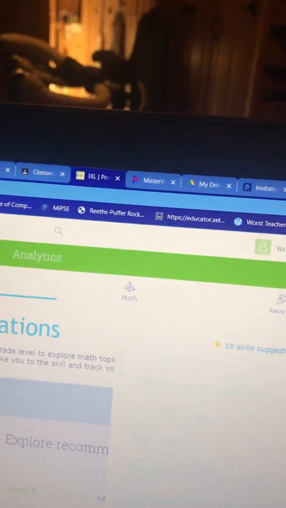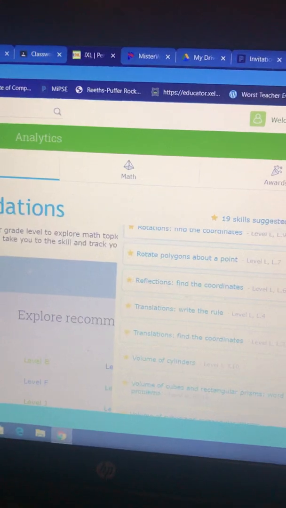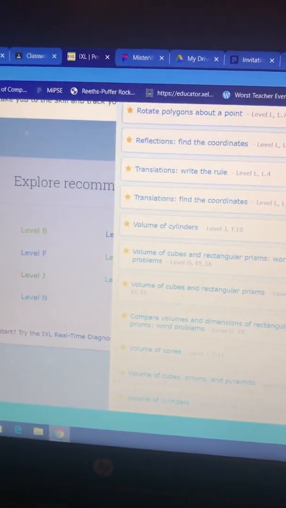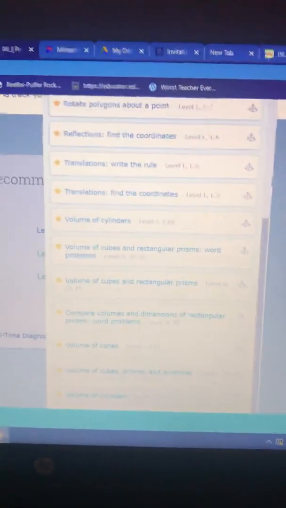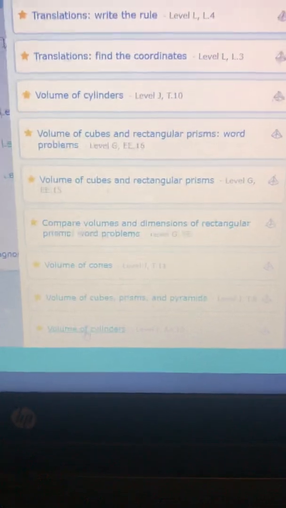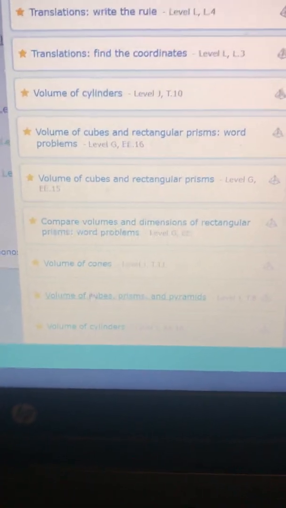And here they all are from the very beginning to the end. So if we scroll down, they are in order of when I posted them. So you can see right here, volumes of cylinders, that's from week 1. Volume of cubes, that's week 1.